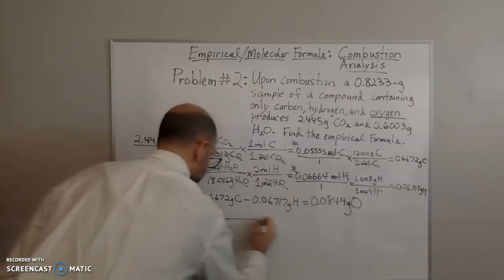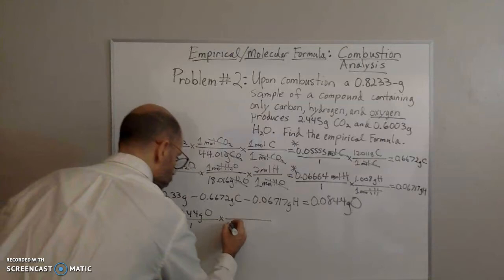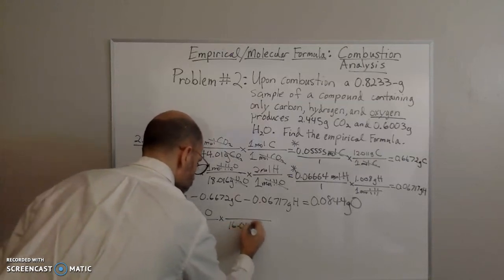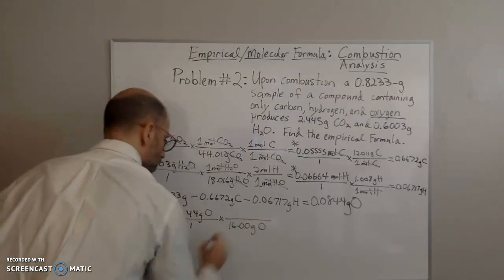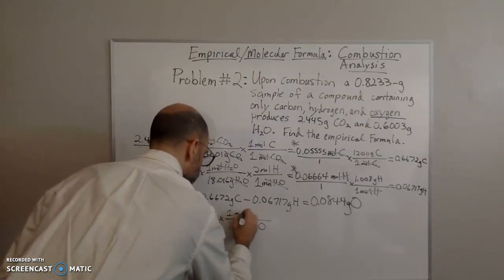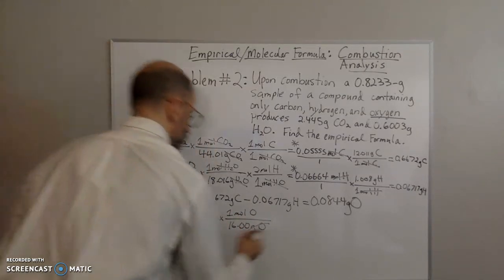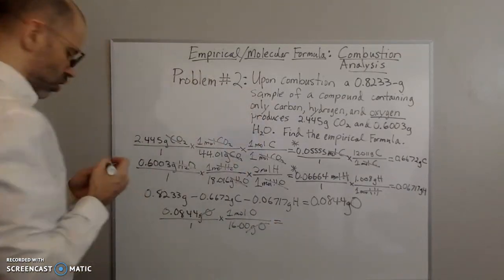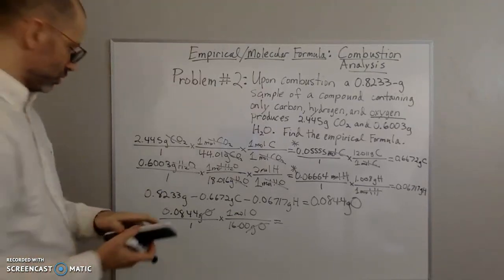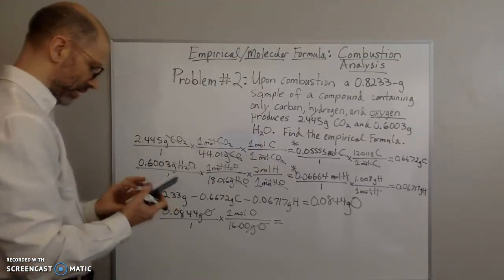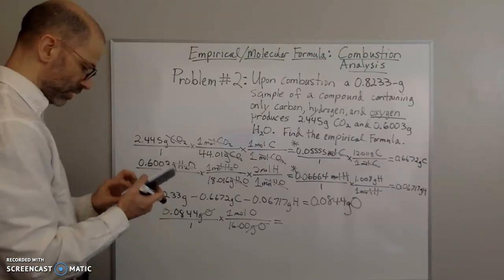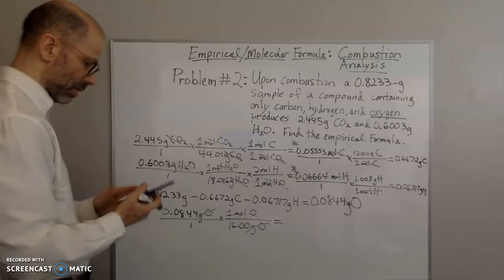I'm going to multiply that by the molar mass, so 16.00 grams of oxygen go on the bottom and 1 mole of oxygen goes on top. Grams cancel out, so I divide that number by 16.00.